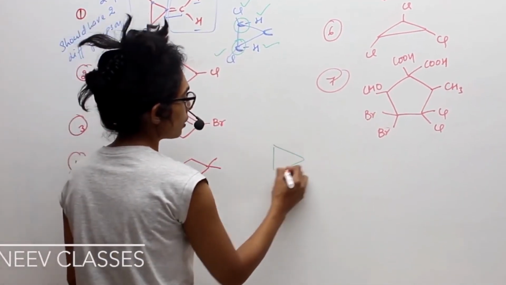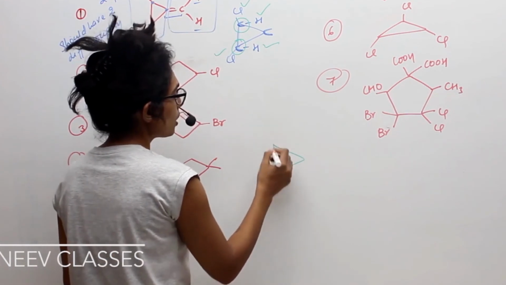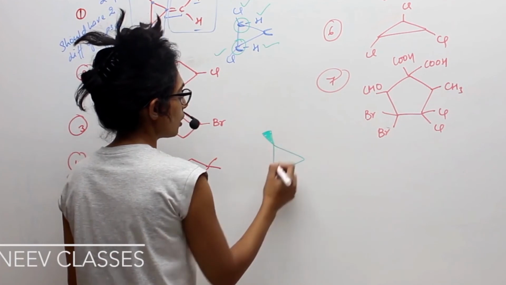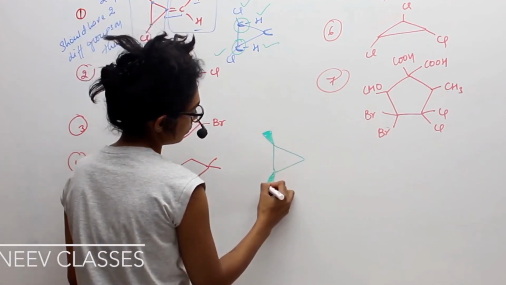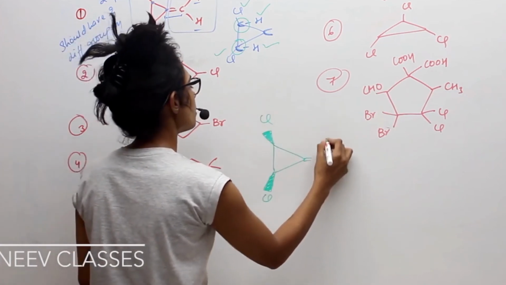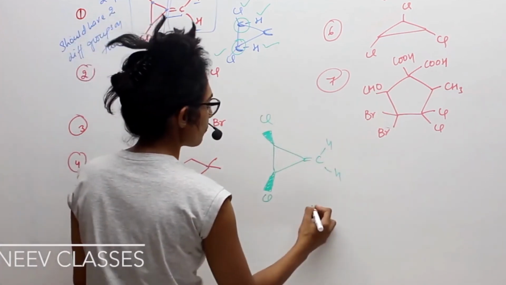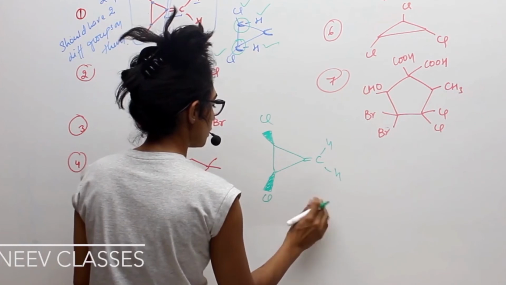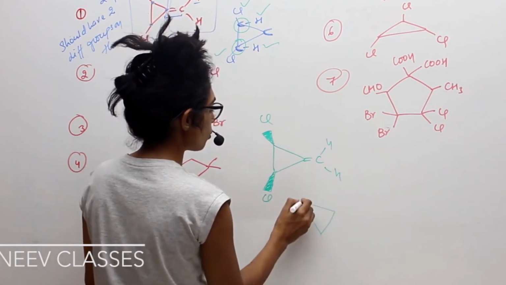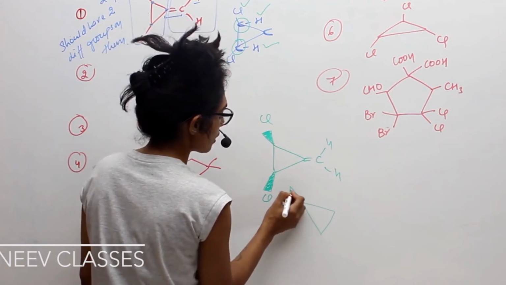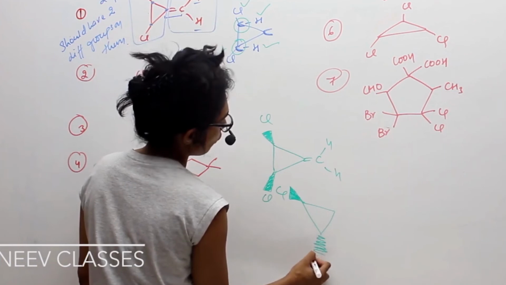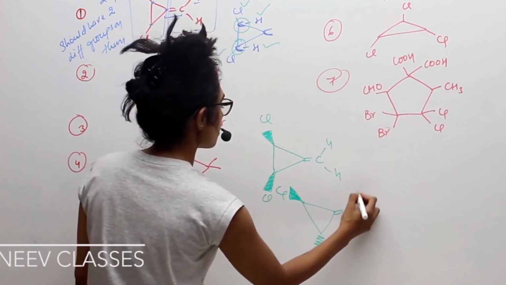How will it show? Just look at this. In one case, Cl may be towards the viewer, and the rest of the system will remain as it is. In the other case, for one carbon Cl is towards the viewer, that is a wedge bond, and for the other it is away from the viewer, and the rest of the system remains the same.